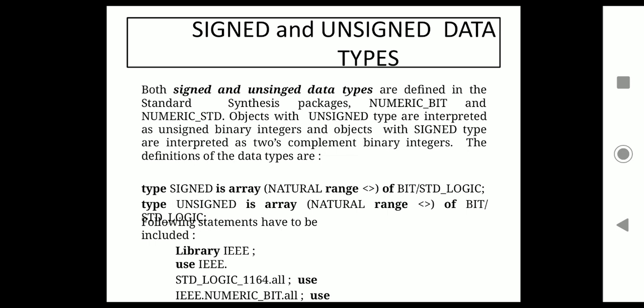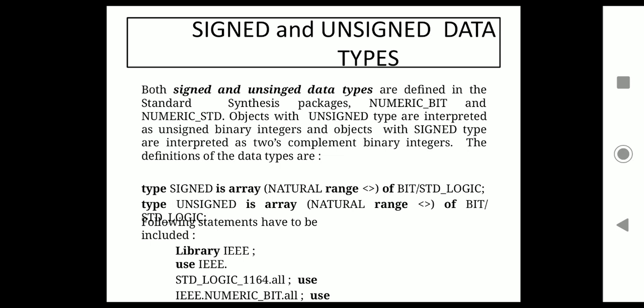Now again, we will summarize what we have discussed in today's third video session of unit number first. We have covered the last type, that is libraries. Then data objects we have discussed, which are of three types: constant, variables and signals. Then we moved towards the next point, that is data types.